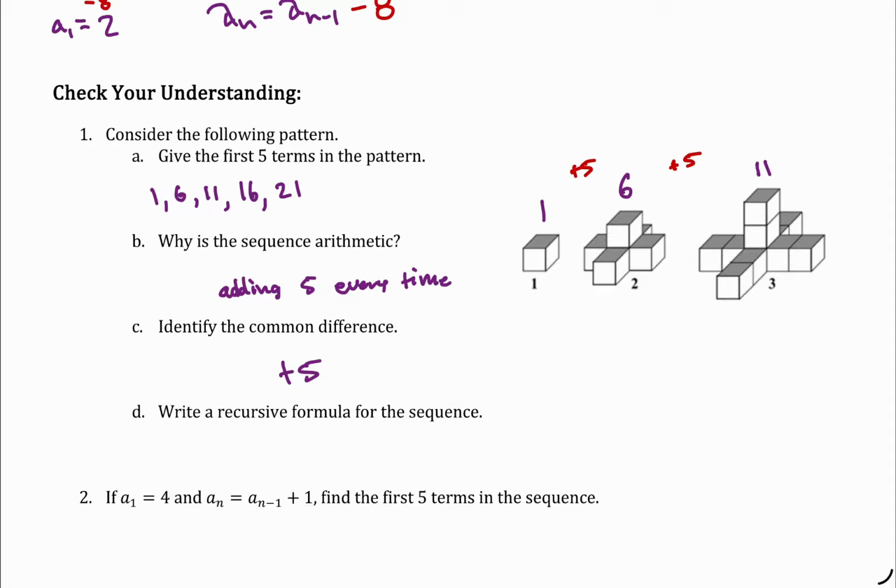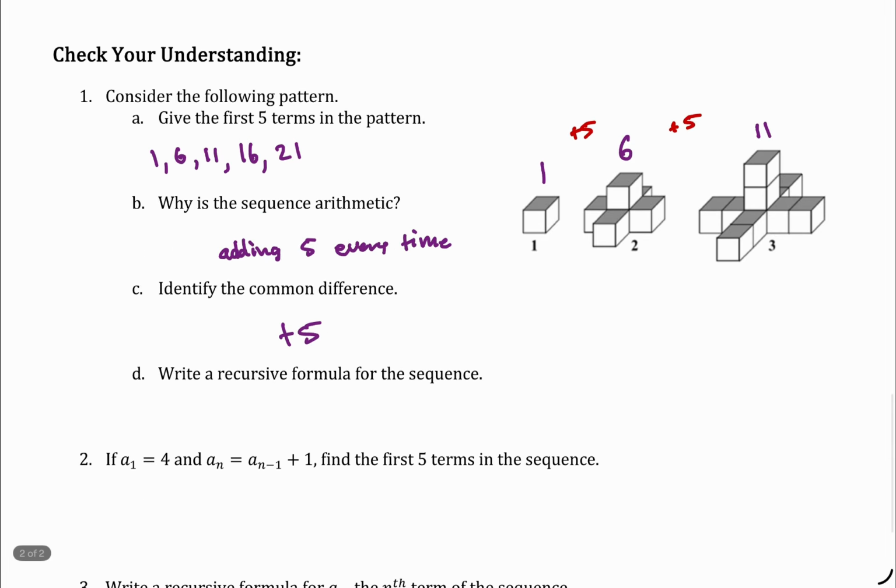Okay, and now we need to make a formula for this. So just like the last one, we need our A1. What are we starting with? A1 is just 1, right? So A1 equals 1. And then I use that formula from up above.